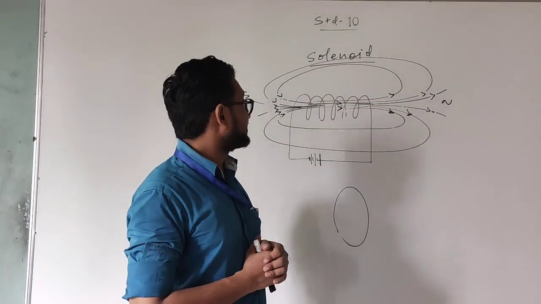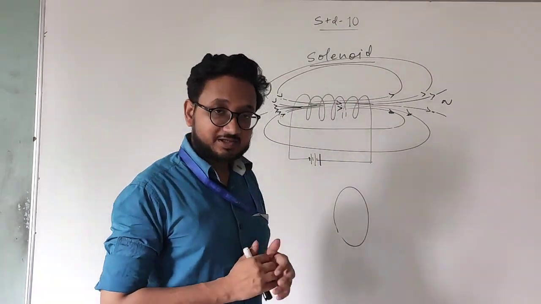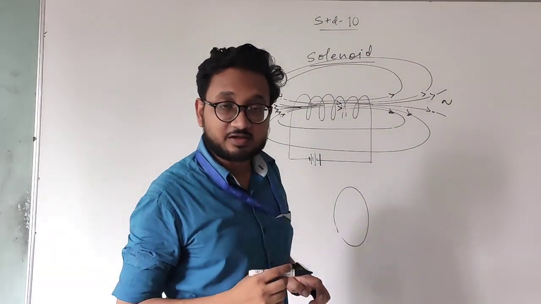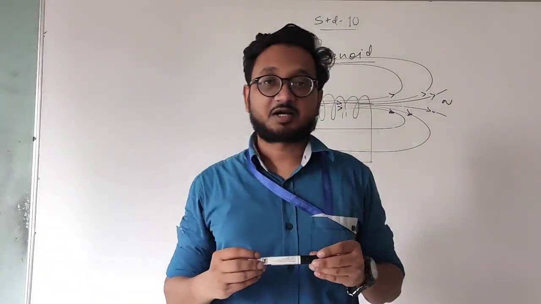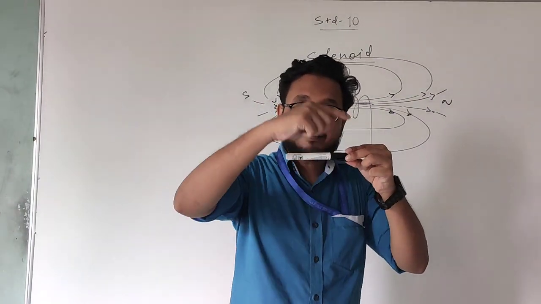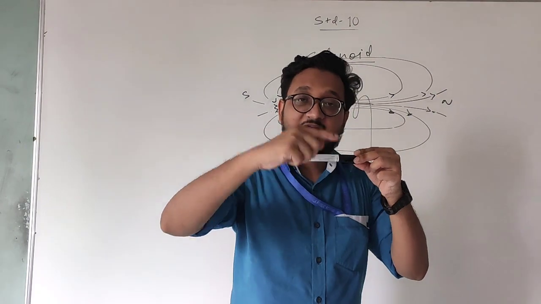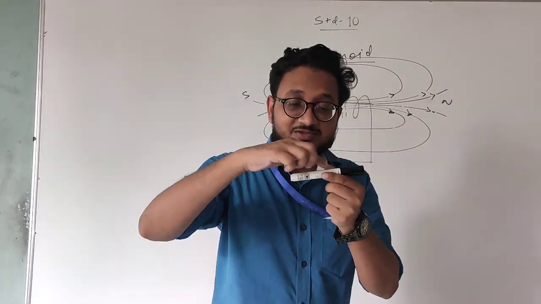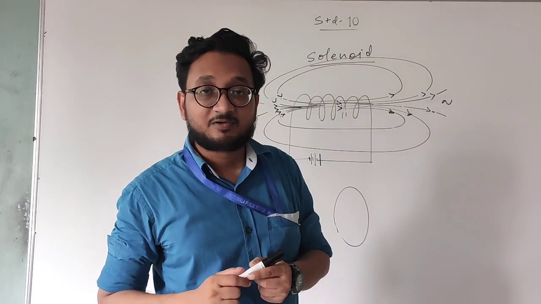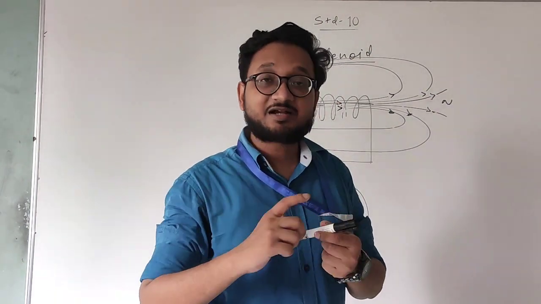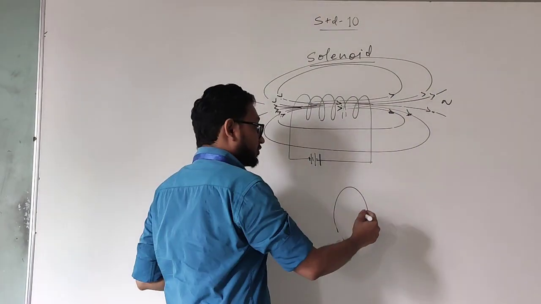Now the other thing is the electromagnet. This is a coil. But if I take a conductor, let's say a copper rod or an iron rod, and I wrap the coil or wire around that conductor, then this metal conductor will behave like a bar magnet, and that is known as an electromagnet.